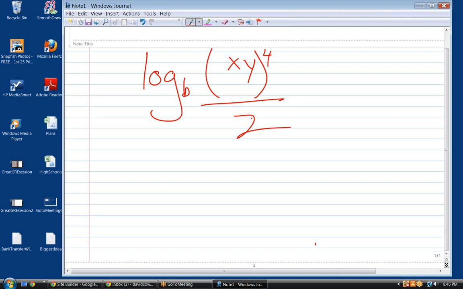So the question I guess I have to ask here is: is the 2 part of the argument of the log, or is it the log of this all divided by 2 like that? And that would be exactly how you have it right now. Right now? Yeah. Okay. So I'm going to assume it's part of the argument. So, yeah, that would make sense.